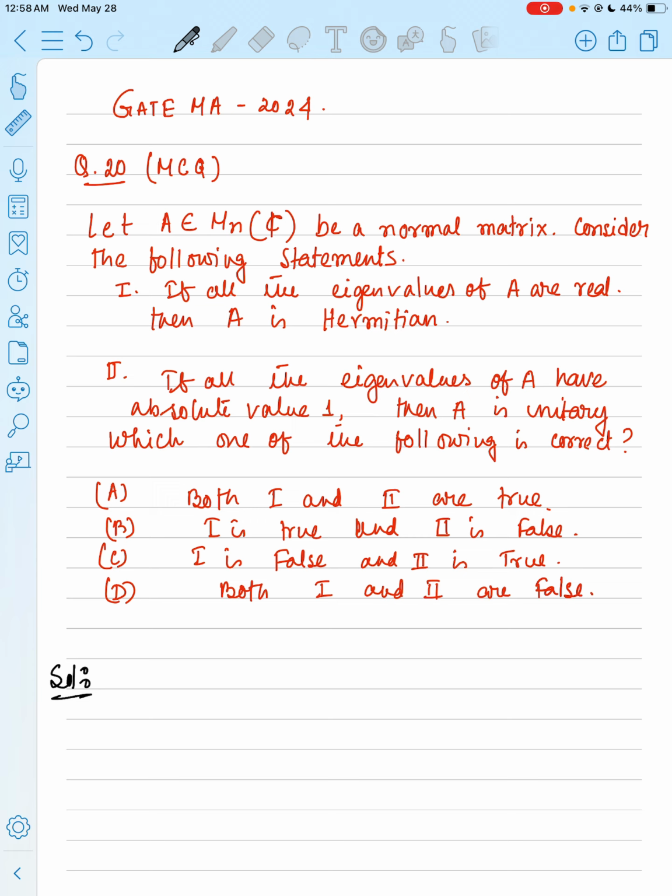Before solving the question, I'm writing some information that I'm going to use.